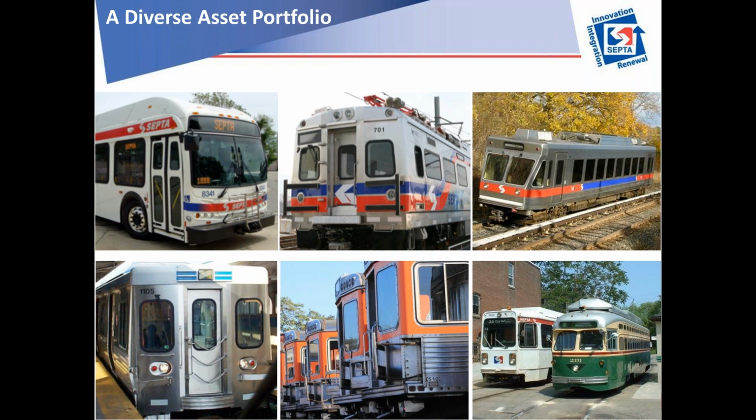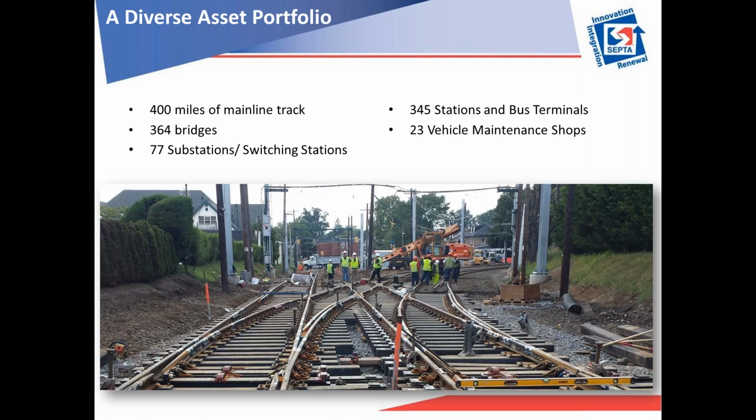So we do, with all that consolidation, have a truly diverse asset portfolio. We maintain a fleet of about 4,000 vehicles, revenue and non-revenue. Even within the bus fleet, we have diesel, hybrid, as well as we're in the process of procuring electric buses. We also, on the rail fleet, have locomotives and 2 different generations of regional rail car. And all of those vehicles operate on a also very diverse asset portfolio.